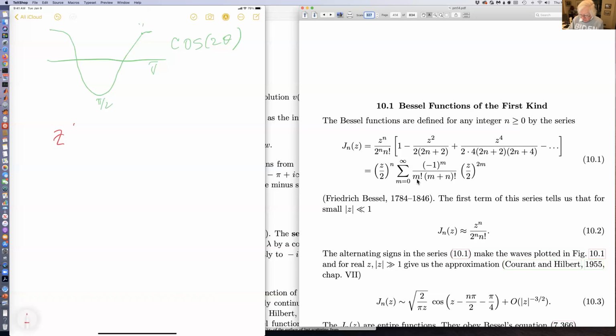Remember that z factorial is gamma of z plus 1, and gamma of z is defined for all z except for 0 and the negative integers.